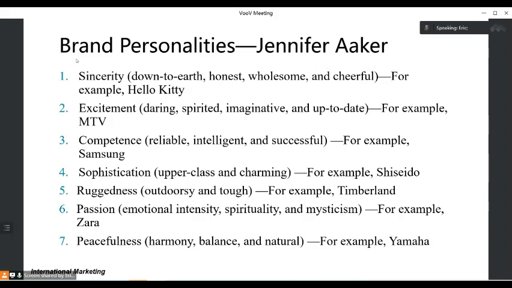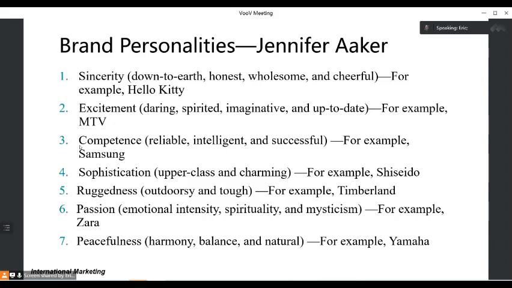About brand personality, he discriminated seven brand personalities, with some examples. Sincerity: honest, wholesome, and cheerful. Excitement: daring, spirited, imaginative, and up-to-date.